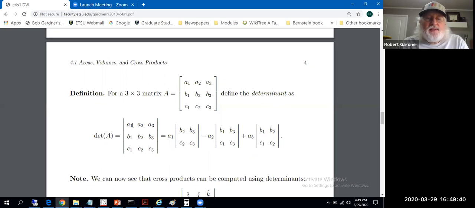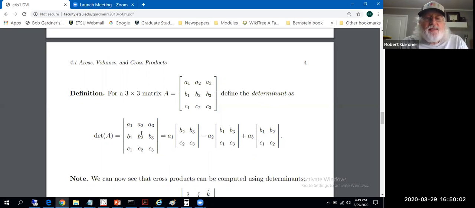We're defining it as entry A1 times the determinant of what we would get by eliminating the row and column containing that entry A1. That'd leave us with B2, B3, C2, C3. Sounds familiar, because this was what we took for components of cross products of vectors.